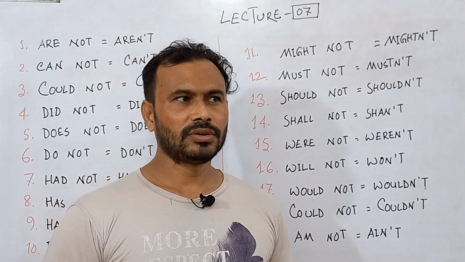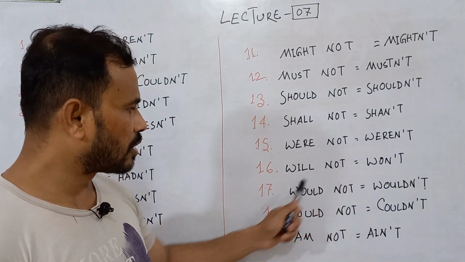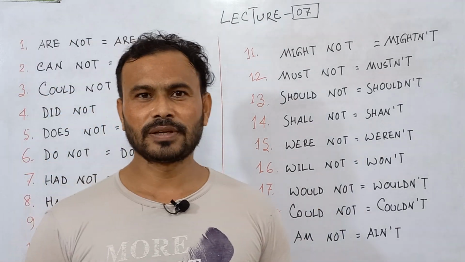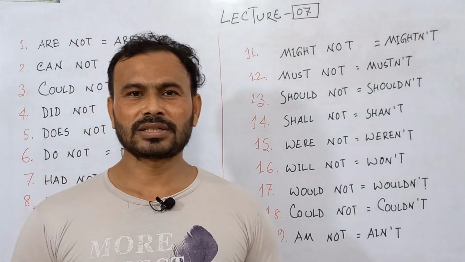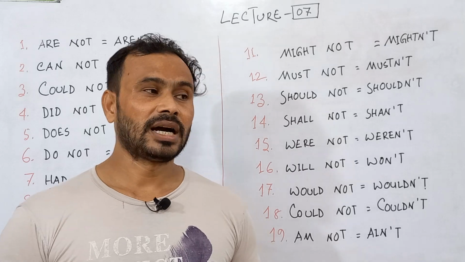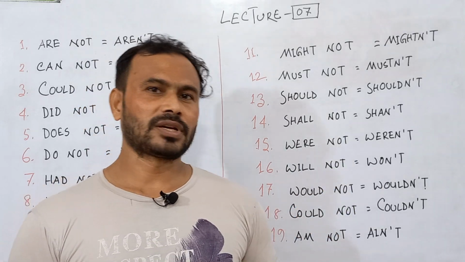If we use the contracted form of could not, we can say: I couldn't complete this project a few days ago.